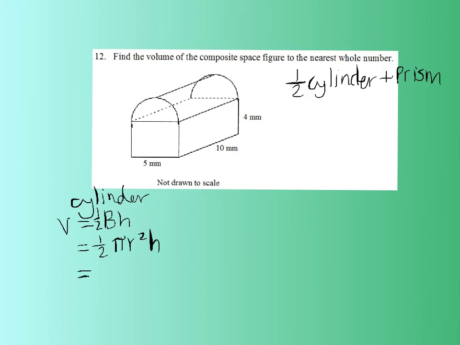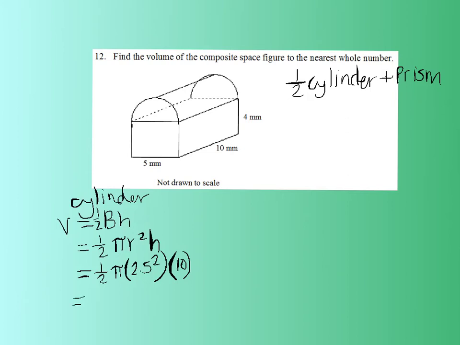And plugging in for what we know, we have 1/2 times pi. Our radius is going to be half of our diameter, and our diameter is equal to 5 because these are the same length here. So our radius is half of 5, which is 2.5. Don't forget to square it, times the height. The height is going to be the distance from your base to your base, and that distance is this length, which is 10.